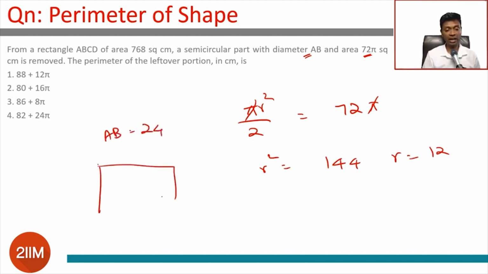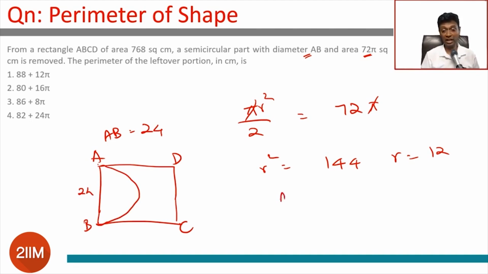So we have an ABCD which measures 24 like this. A semicircle is cut off. Right? AB is 24, area is 768, AB into BC is 768. 24 into BC is 768.